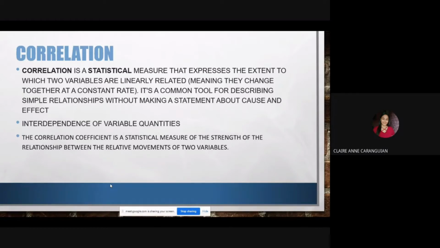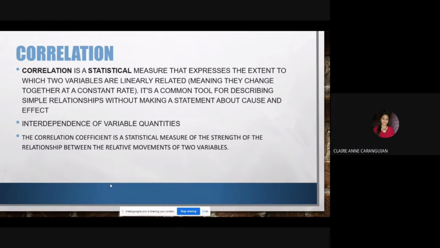So, pag sinabi natin sa correlation, dito, mini-measure yung value or kino-compute yung value na nagsasabi kung gaano kataas yung relationship ng isang variable sa isa pang variable, or meaning they change together at a constant rate. It's a common tool for describing simple relationships without making a statement about cause and effect.